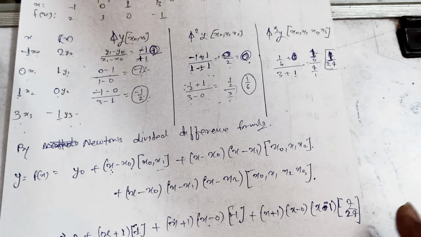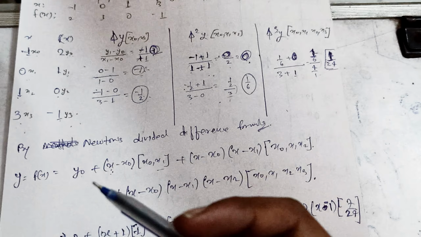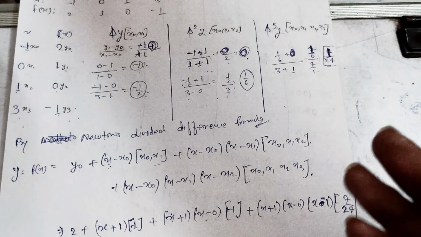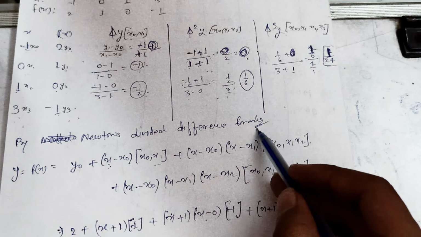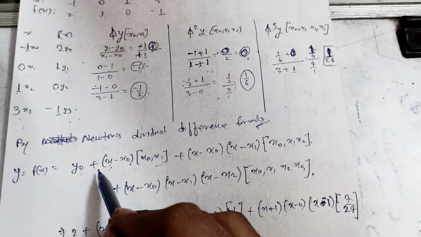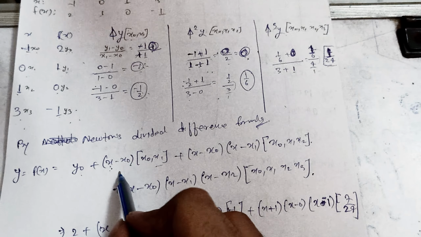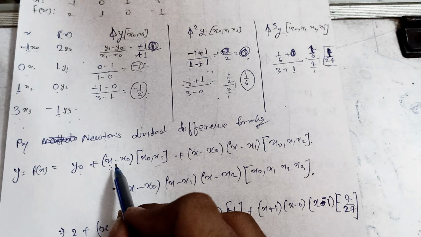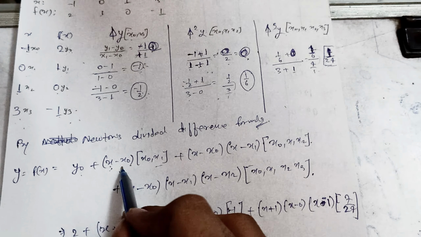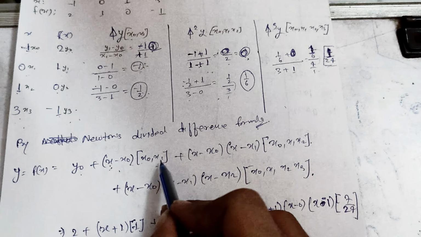Now we need to put this in Newton's divided difference formula. So how do we compute it, and how can you remember the formula? First you have to write down y naught. Then, since it starts from 0, we need to write x minus x naught, and x naught and x1.